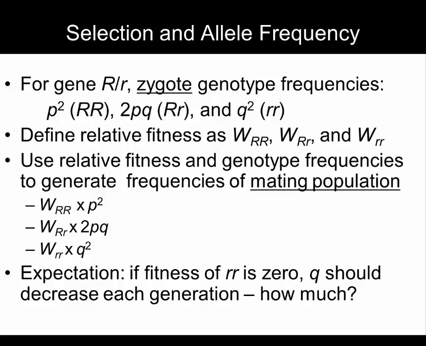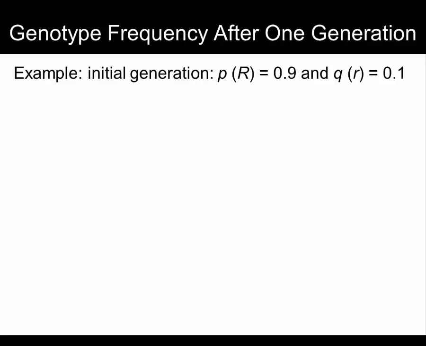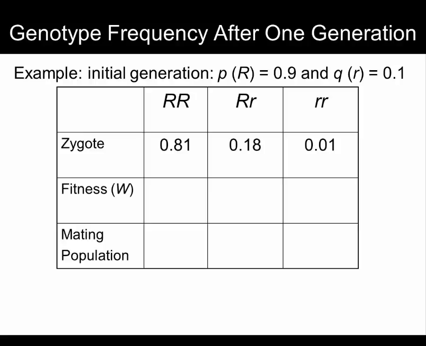Let's imagine that the fitness for homozygous recessive individuals is 0. None of them survive and reproduce. Clearly, the recessive allele frequency will decrease, but by how much? Let's imagine the initial allele frequencies for gene R are p equals 0.9 and q equals 0.1. The genotype frequencies at conception are 0.81 for homozygous dominant, 0.18 for heterozygous, and 0.01 for homozygous recessive.